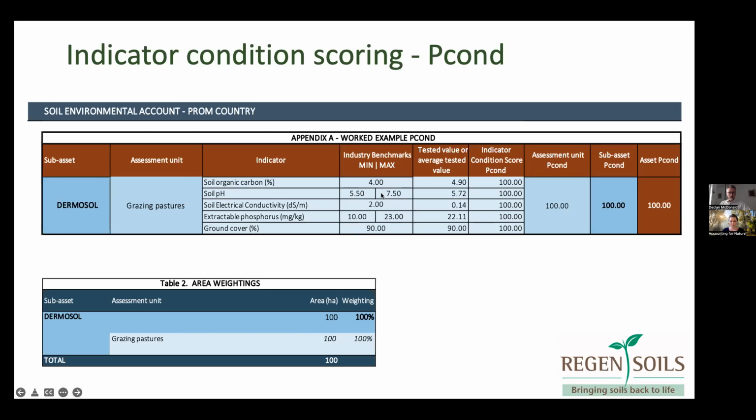We've got generally an increase in soil pH, or a broader band of soil pH to suit the plants that we're growing. We have a higher tolerance for electrical conductivity because of perhaps the amount of fertilizer that we're using to grow our crops. We have a slightly higher level of extractable phosphorus for the same reason. And we have a lower expectation for the management and maintenance of ground cover in agricultural soils.